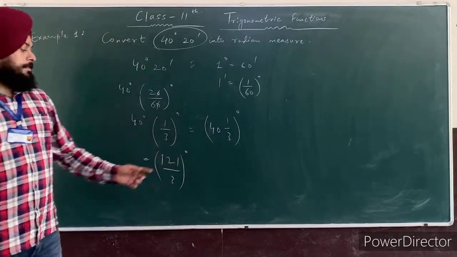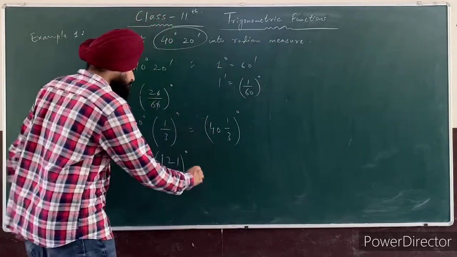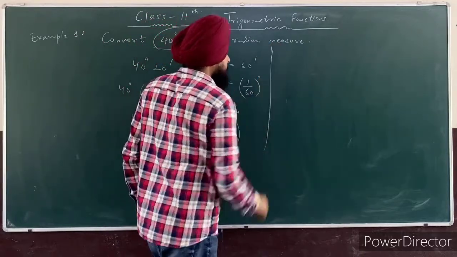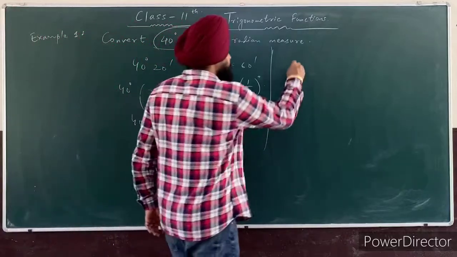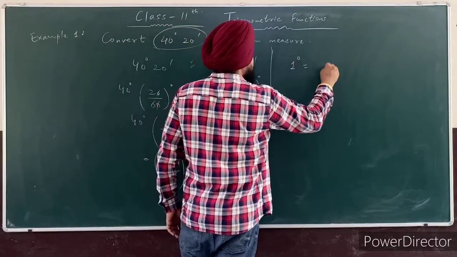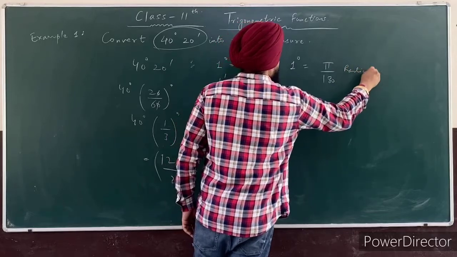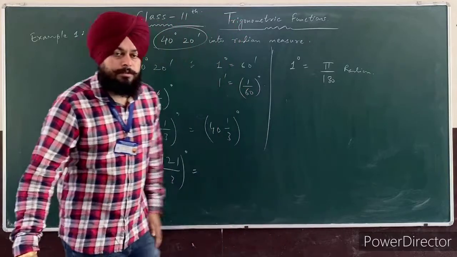Now we have to convert this degree measure into radian measure. Clear? In the last video we discussed the relationship between degree and radian measure. In 1 degree there is pi by 180 radian. एक डिग्री के अंदर pi by 180 radians होते हैं, ठीक है?